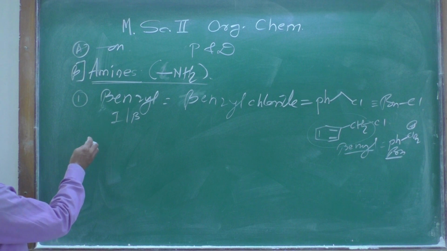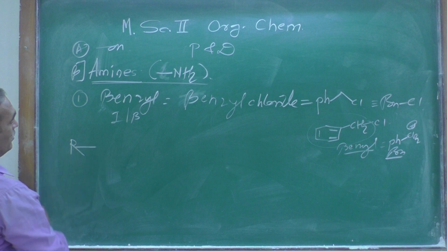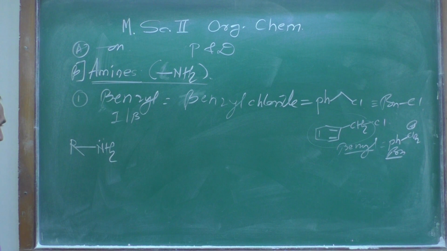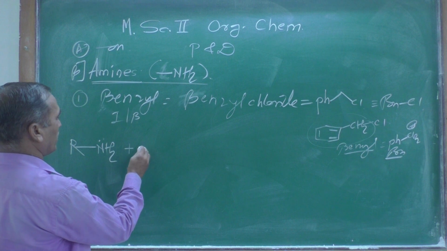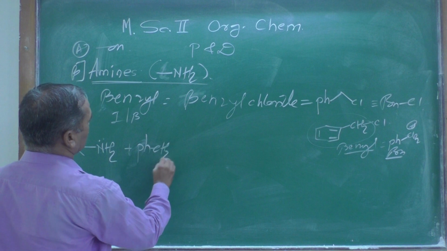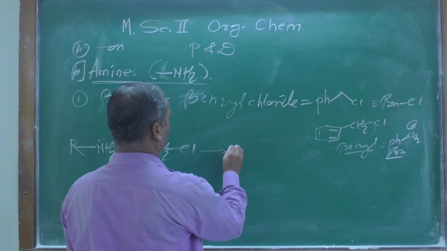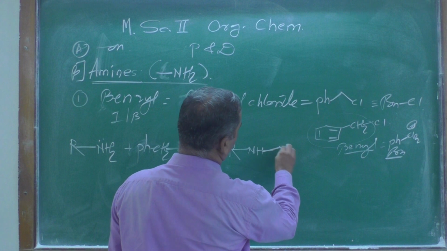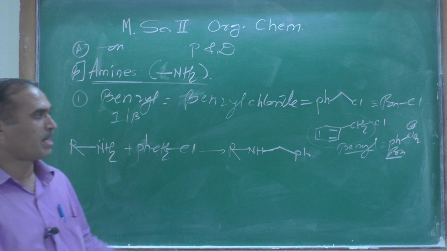So let us see, as a starting compound, suppose we have an amine, RNH2 or R2NH, and that will be treated with benzyl chloride. We know the benzyl formula is Ph-CH2Cl, right? After that you are going to get RNH-CH2-Ph. This is the protection of the amine group.